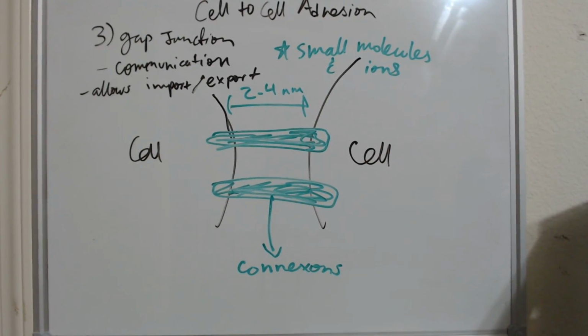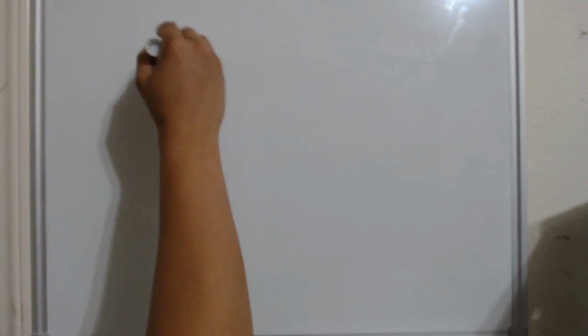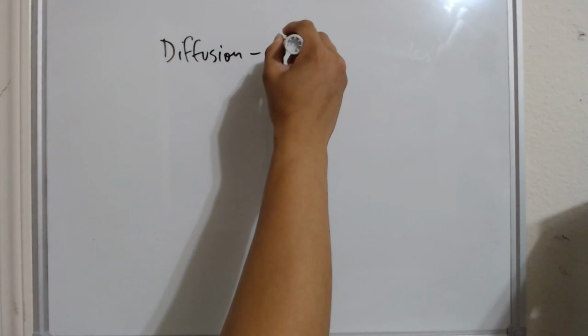The last thing we talked about is membrane transport. So we already know passive, which is because of a gradient. We're talking about diffusion. Diffusion is in regards to solutes.